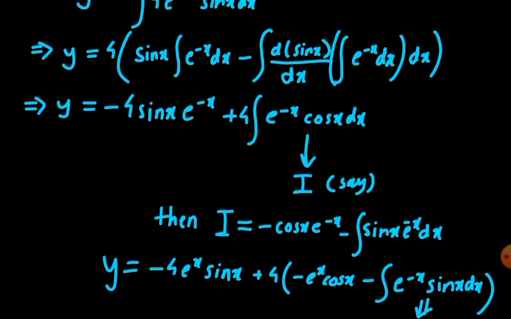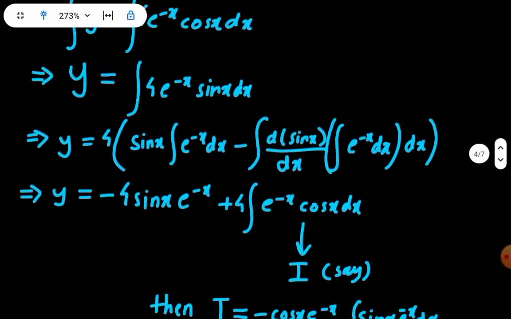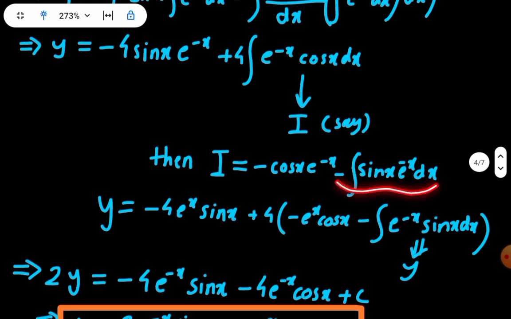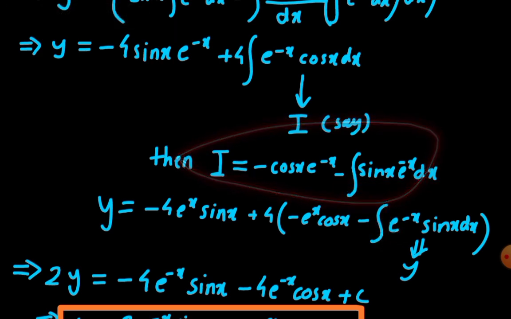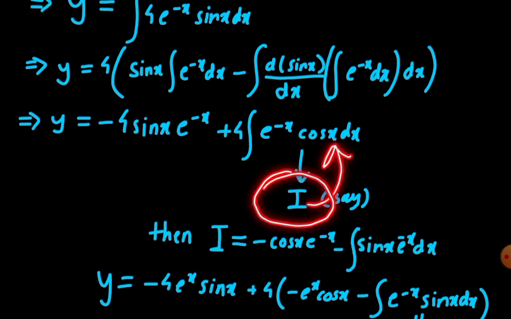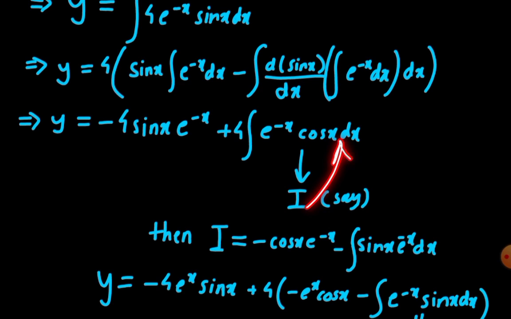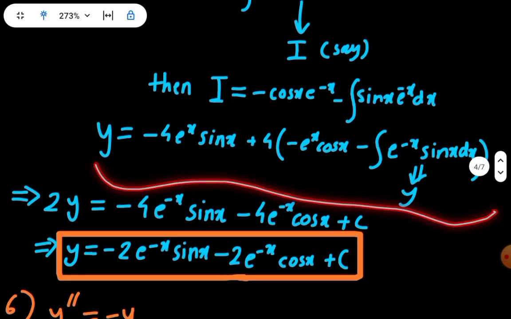But if you think carefully, this expression is just our y, right? And hence, we do not further try to solve this integral. We just put this capital I value back to our original equation. This capital I, after solving, we put it back to the equation, and we get this particular thing.